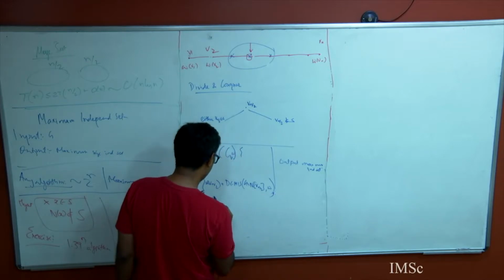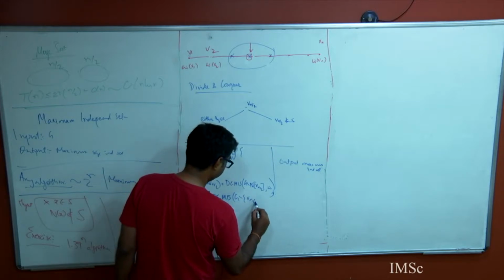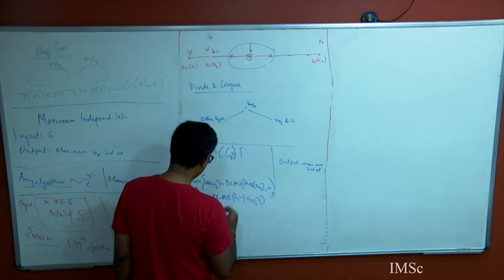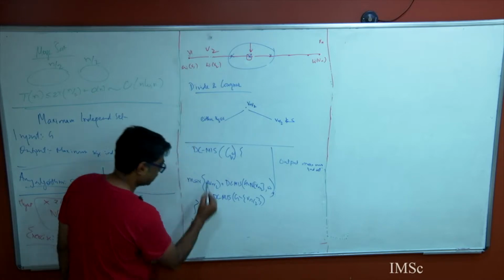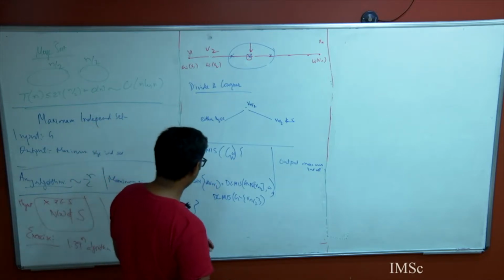Or I'm going to call DCMIS on G minus Vn by 2. Am I right? This is my recursive function. This is exactly what she asked me to do.